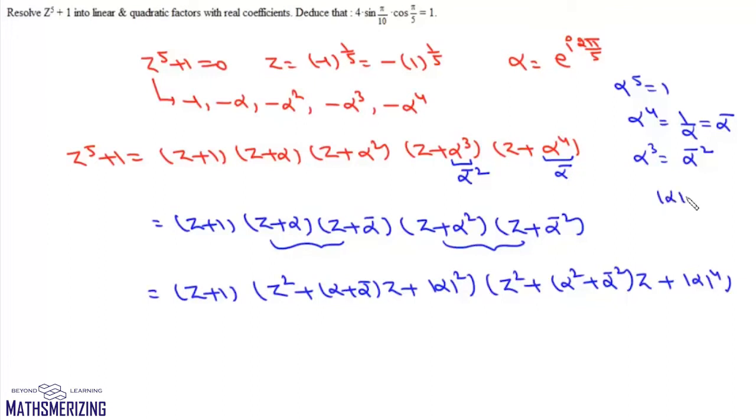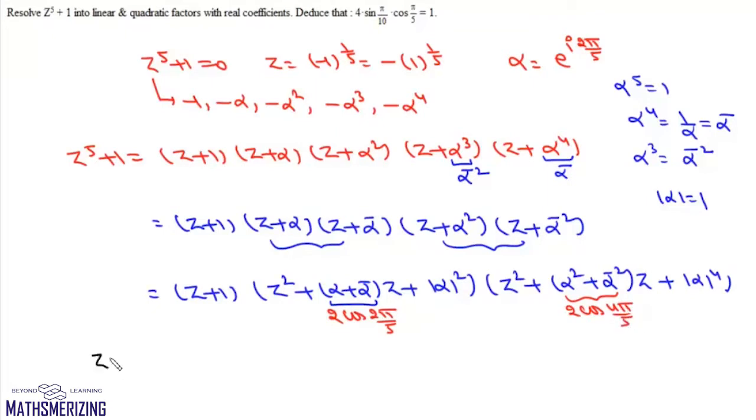Now mod of alpha is simply 1 and alpha plus alpha bar is 2 cos 2 pi by 5, and alpha square plus alpha bar square will be 2 cos 4 pi by 5.